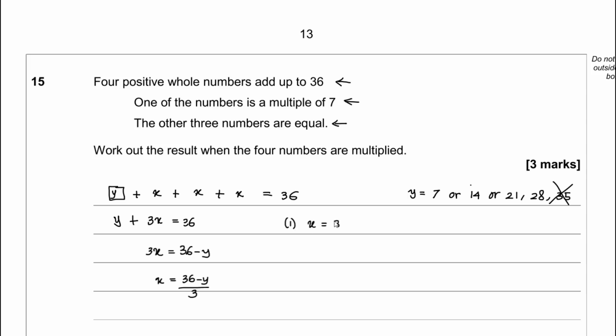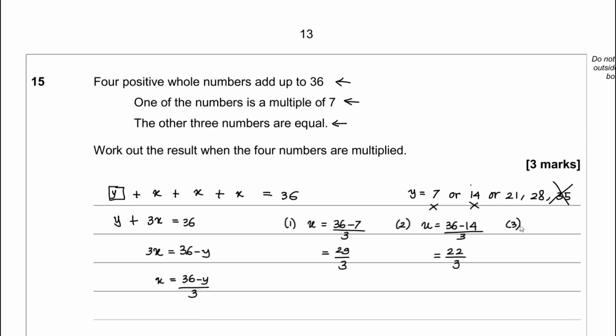X will be 36 minus 7 divided by 3. 36 minus 7 is 29, but 29 divided by 3 is not a whole number, so we cross 7 out. Now what about the second case? If y is equal to 14, then x will be 36 minus 14 divided by 3. So it will be 22 divided by 3, and this is not a whole number, so we cross this out.